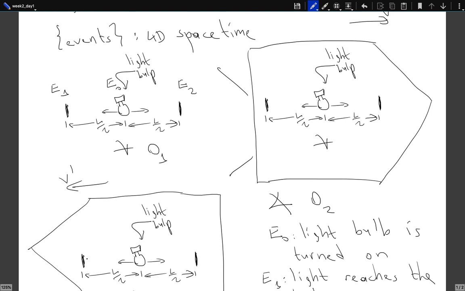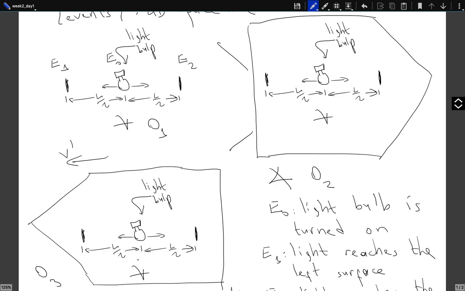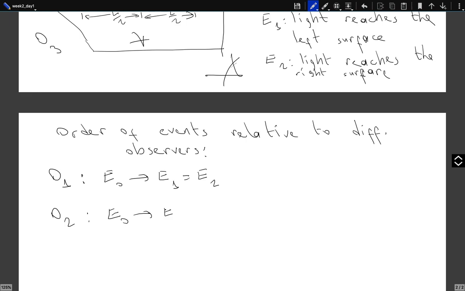For the second observer, again, first the light bulb turns on. That is the first event, E0, and then does the light reach the left surface or the right surface first or simultaneously? It reaches the left first. So E1 happens before E2. And for observer 3, again, event 0 is the cause of event 1 and event 2. But then event 2 happens before event 1.